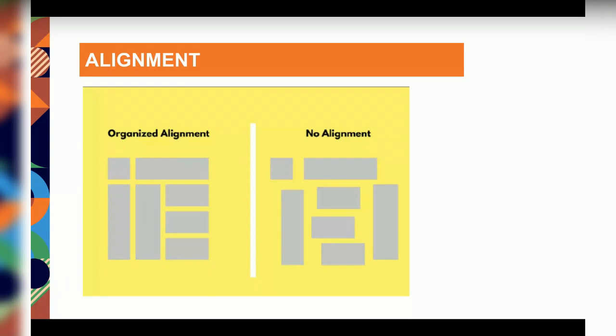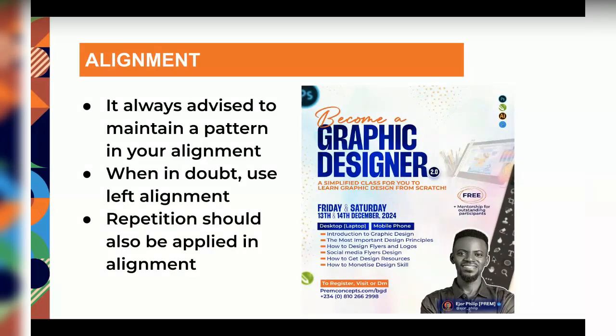This is an example of a well-aligned, organized alignment and a disorganized alignment on a piece of design work. So it's always advised to maintain a pattern in your alignment. And when in doubt, use left alignment. Repetition should also be applied in alignment. Let me explain these three points now. You have to maintain a pattern in your alignment.